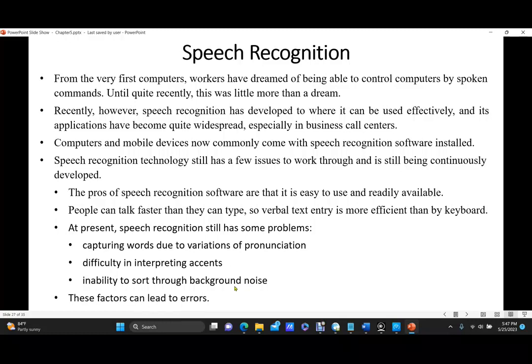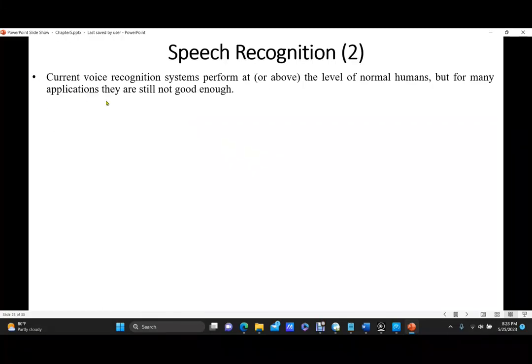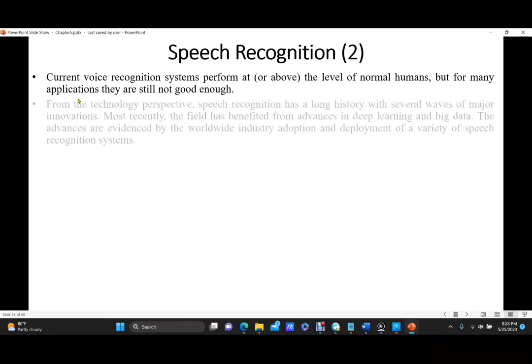These factors can lead to errors. Voice recognition systems can perform at or even above the level of normal humans, but there are applications for which that is still just not good enough.